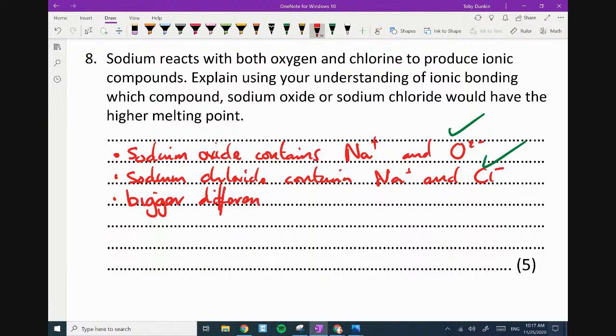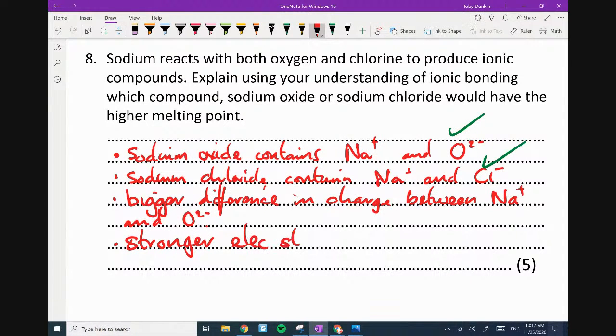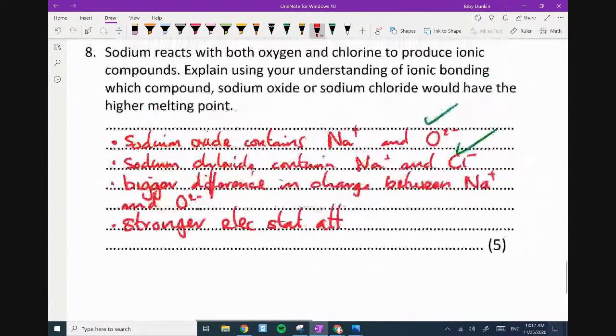Bigger difference in charge between Na+ and O2-. Stronger electrostatic attraction. You can't do that in your exam.